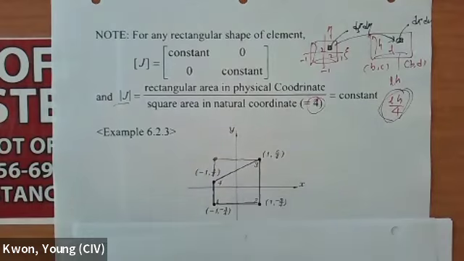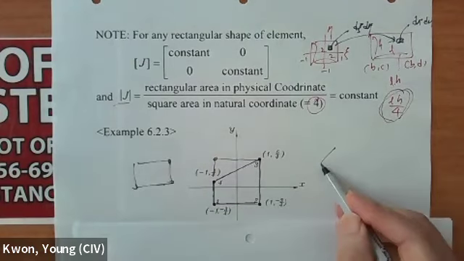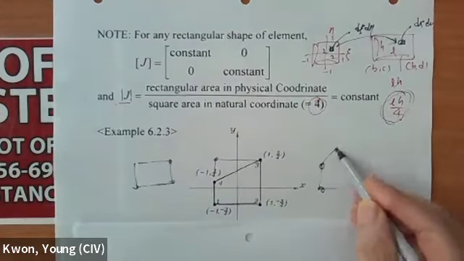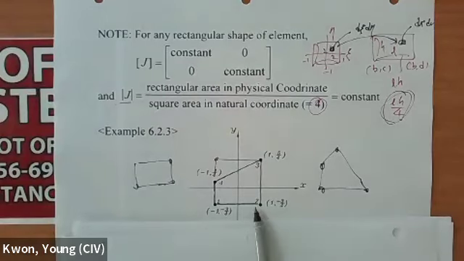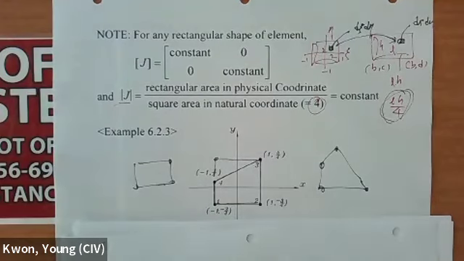Whether it is a nice rectangular shape, or this shape, or an even more awkward quadrilateral shape, it doesn't matter. The derivation is exactly the same, except that the coordinates of the nodal points are going to be different in the physical coordinate system.